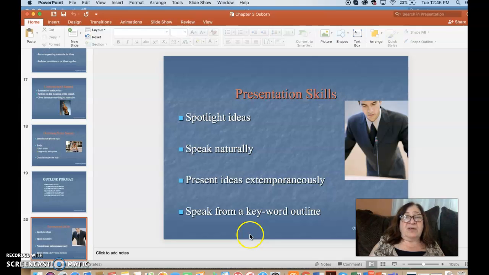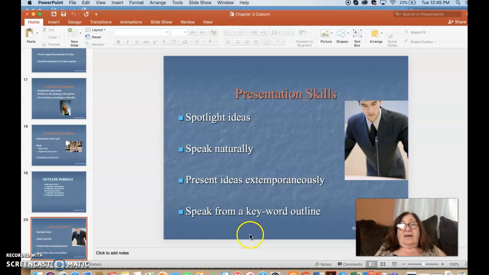The skills of presenting your speech are actually the skills of spotlighting your ideas, highlighting your ideas, to speak naturally, to present your ideas in the body of the speech extemporaneously.